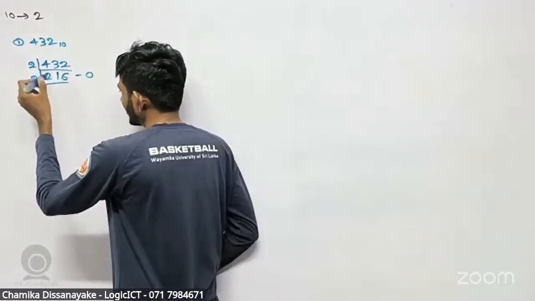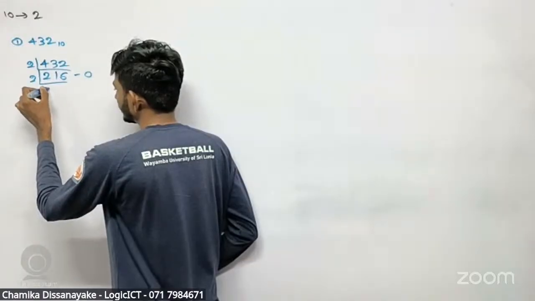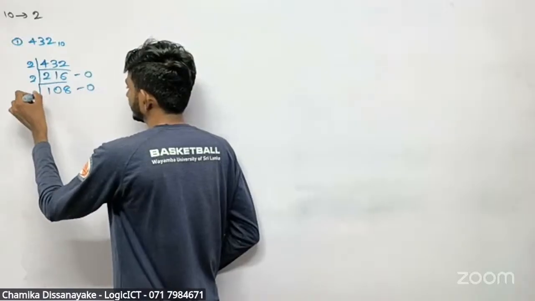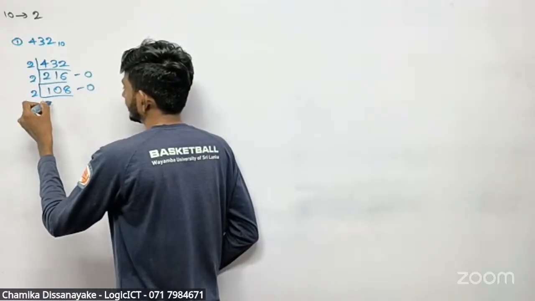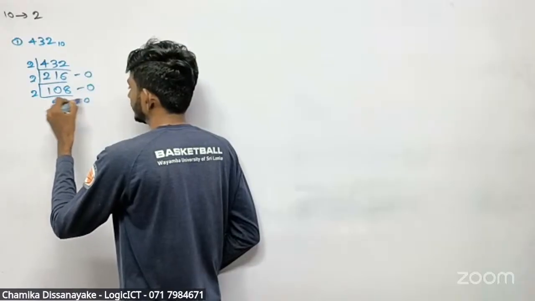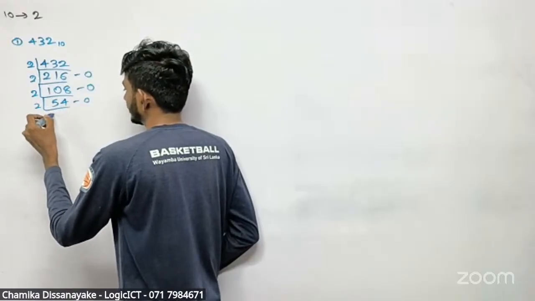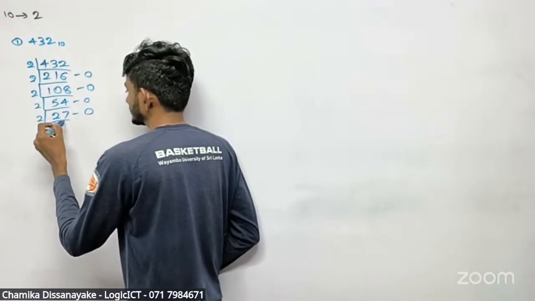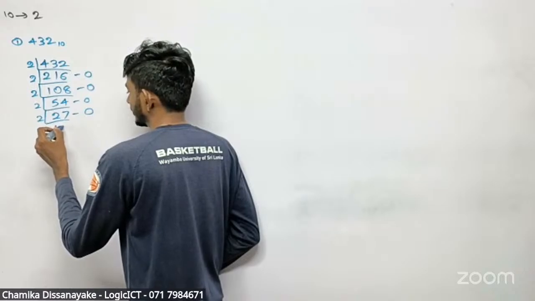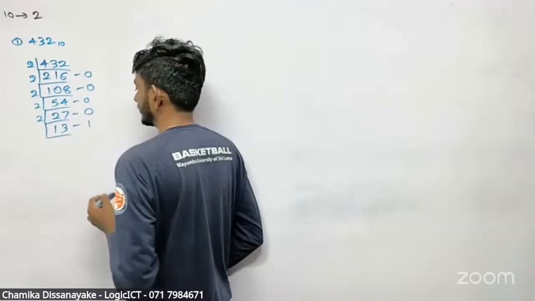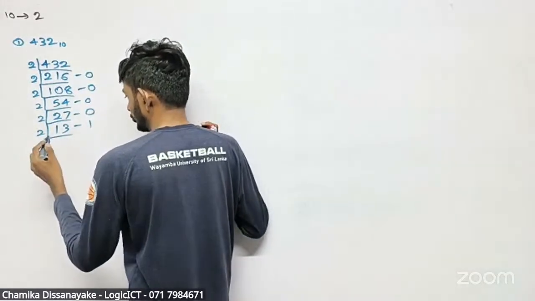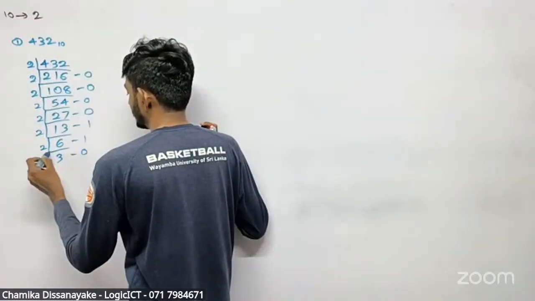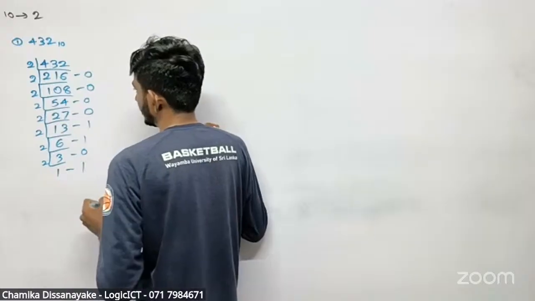So let's divide this again by 2: 108, 0 remainder. Here 54, 0. Then 27, 0. Then 13, there is one remainder here. Again 6, 1. Then 3, 0. Then 1, 1.